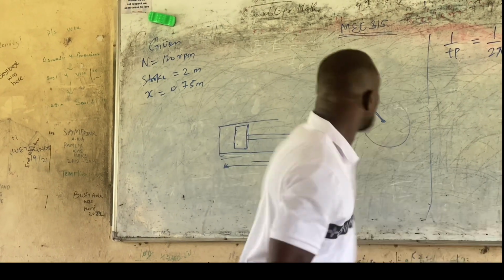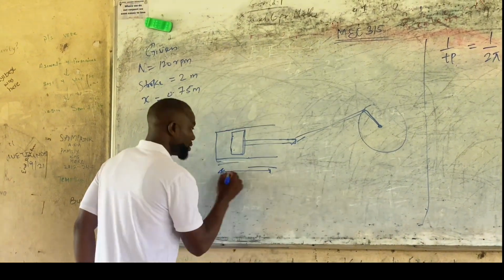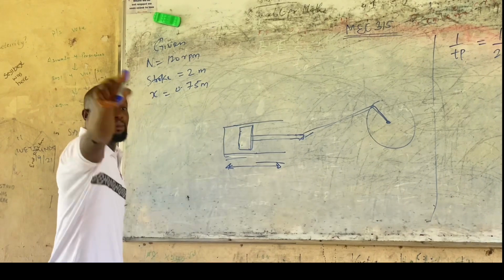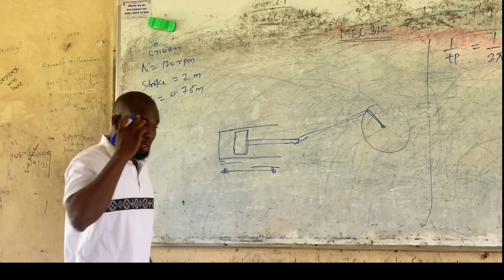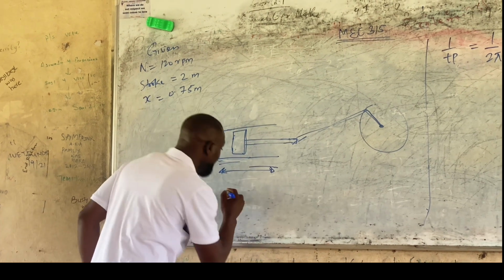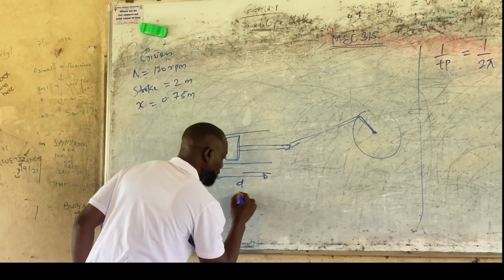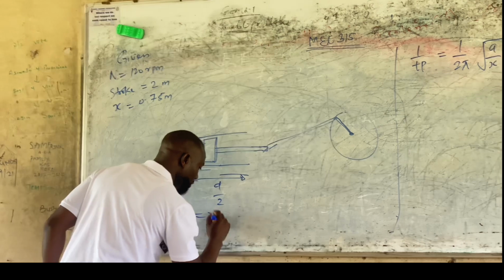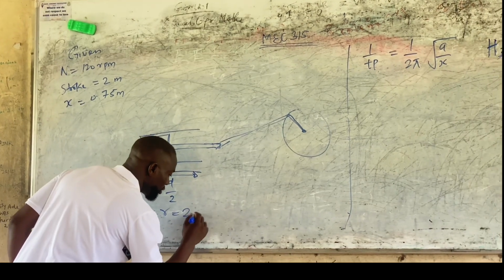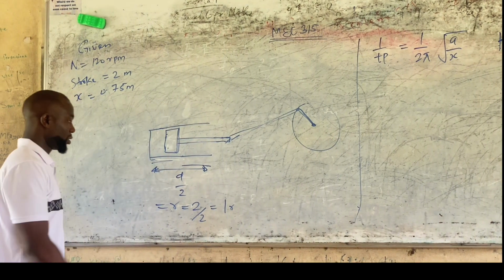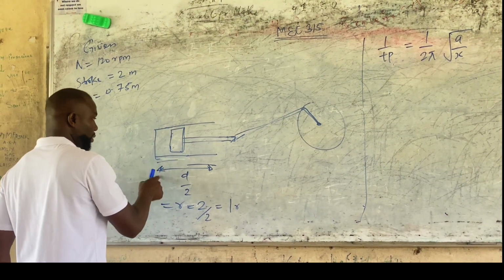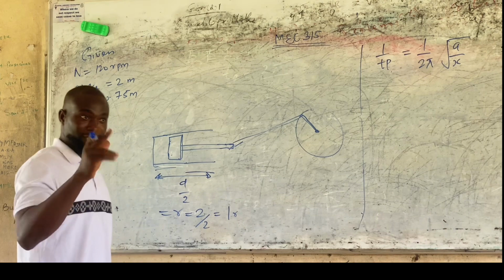That means the going and coming is covering a diameter. So the radius will be the total distance over 2. That is what we refer to as the radius here. That's why we have 2 over 2 to give us 1, r. So we refer to the stroke as the diameter.